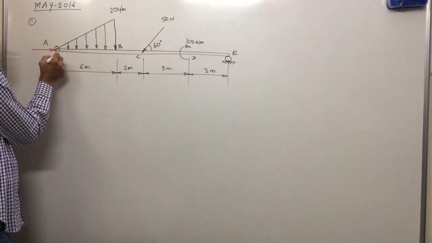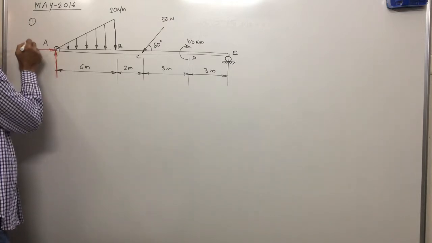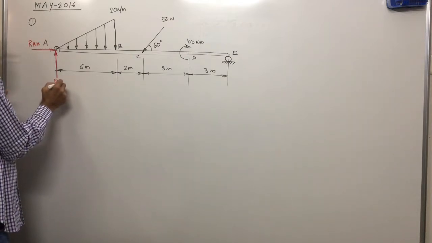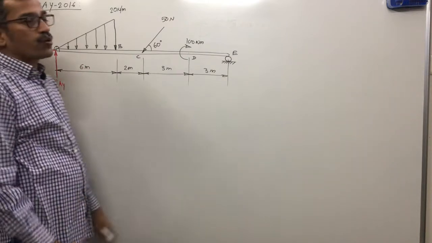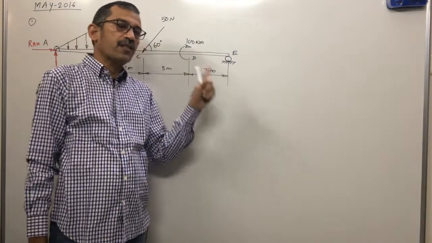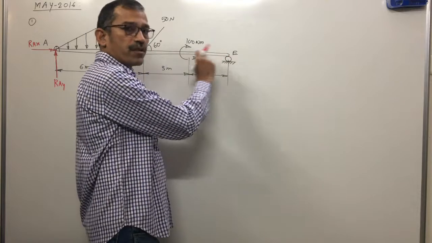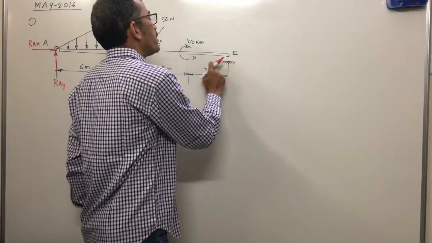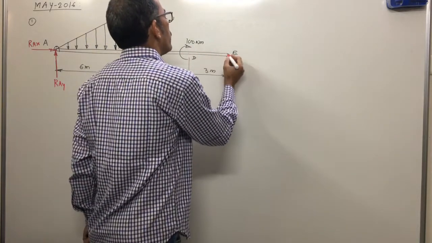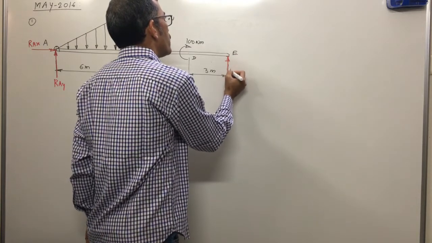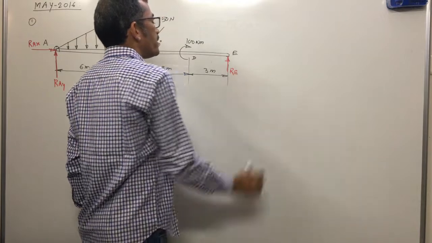Hinge support means 2 components of reaction, RAX and RAY. Roller support has only one reaction, perpendicular to the contact surface. The contact surface is horizontal, so the reaction is vertically upward. The name of the end point is E, and the reaction is RE.